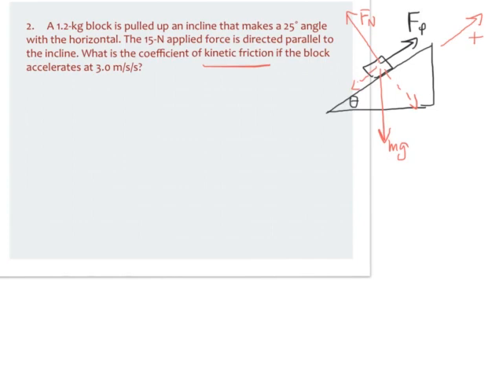So my frictional force is going to point down the incline. So there are two forces working against the object's motion: the gravitational force, at least the component of it that points that way, and also the frictional force.